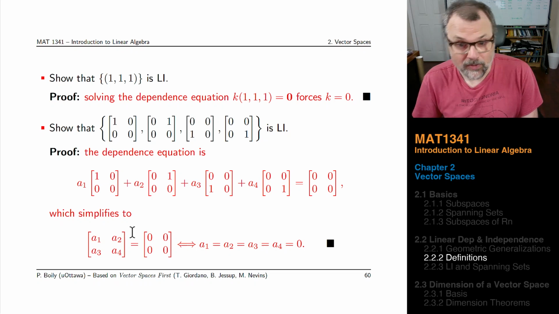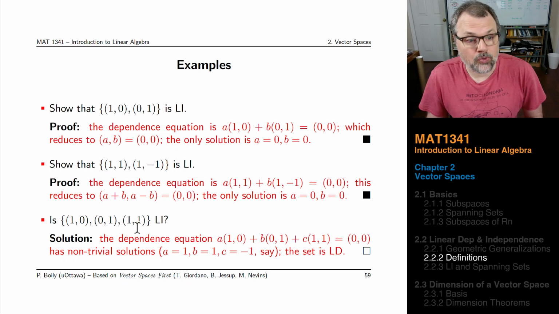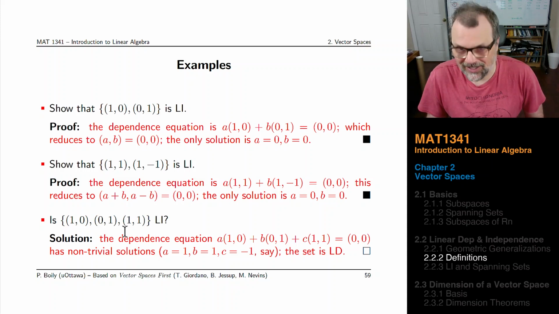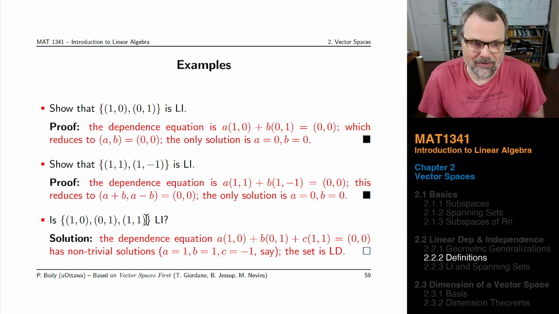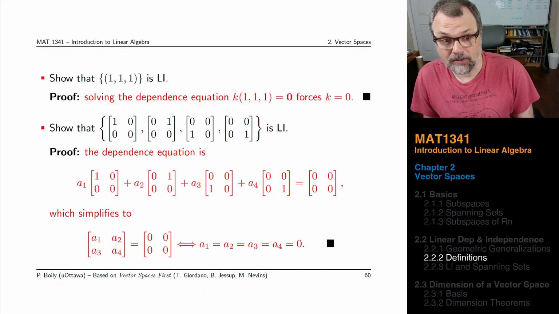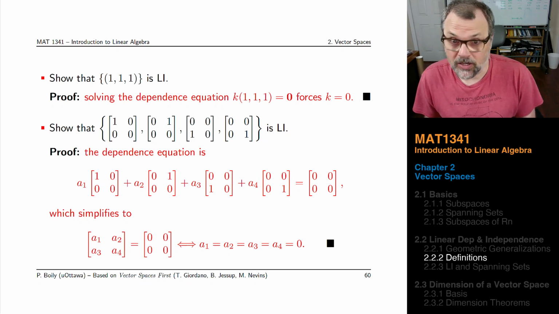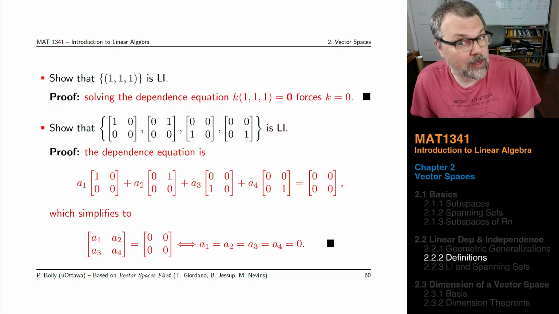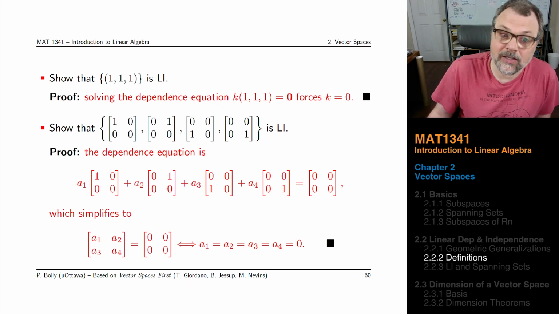Whereas before, in the previous example, R2 was a two-dimensional space, so if we have more vectors in the set than the dimension of the space from which they come, they're automatically linearly dependent. But if you have the same number of vectors as the dimension, or potentially fewer, then it could be linearly dependent or it could be linearly independent.